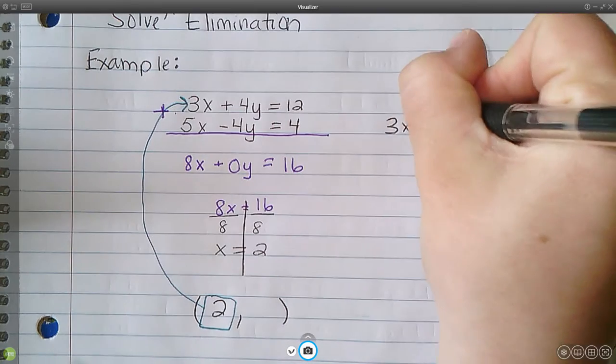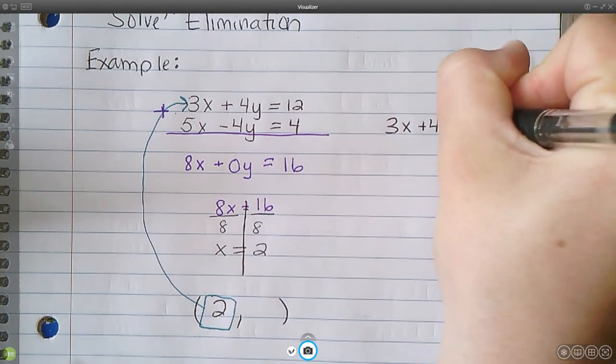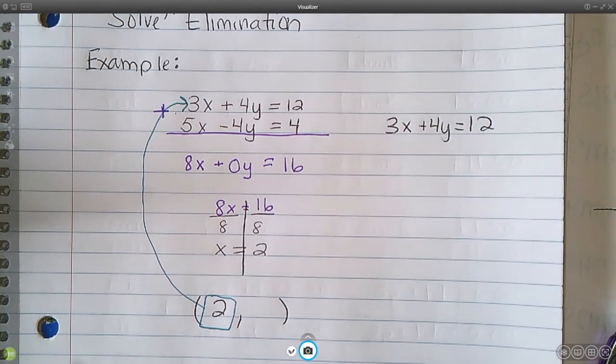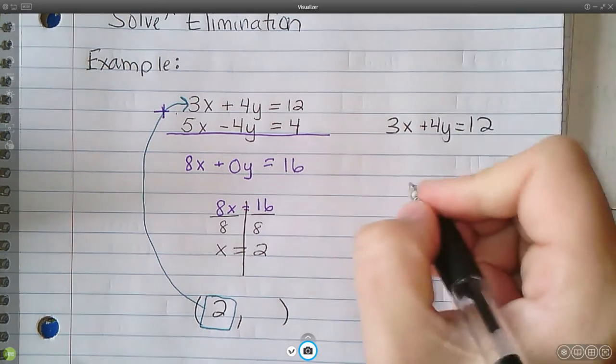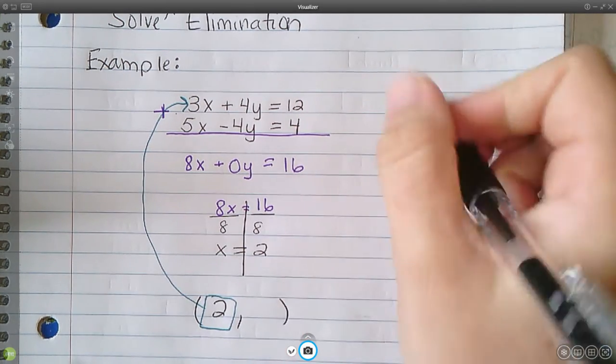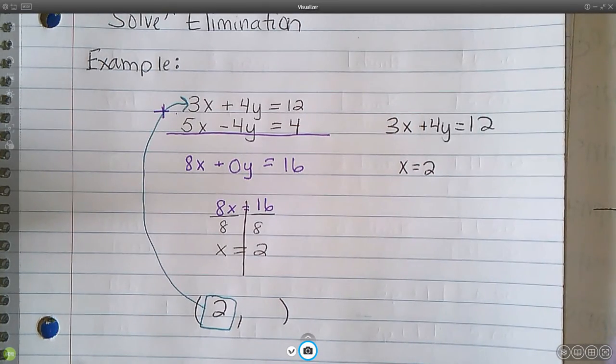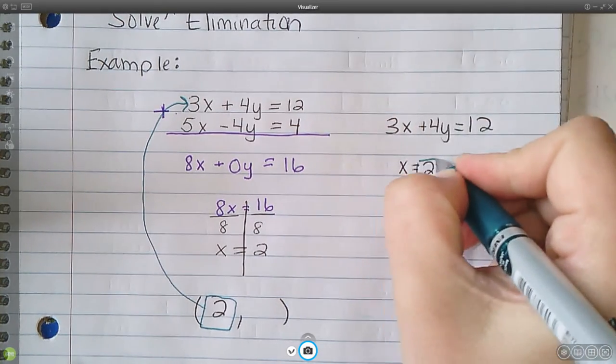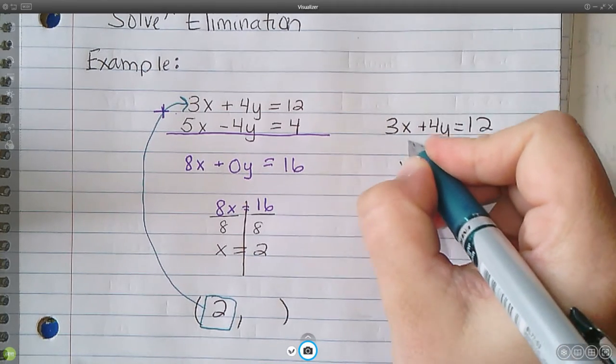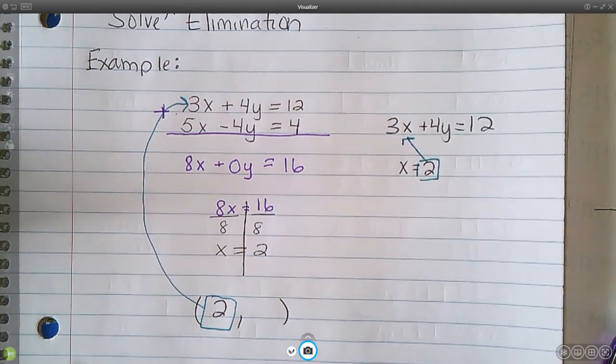I have 3x plus 4y equals 12, and x equals 2. I'm going to substitute this 2 for that x right there.